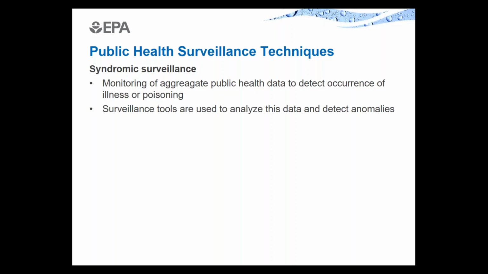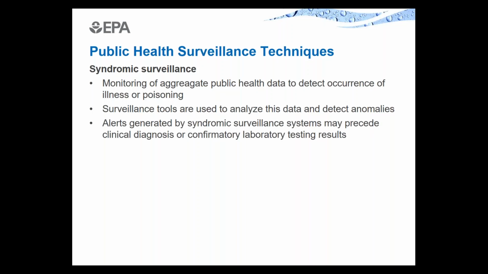Typically, this type of surveillance monitors data from health-seeking behaviors that are available well in advance of clinical diagnosis or the results of testing of human samples, like blood, urine, or stool samples, to look for specific causative agents.